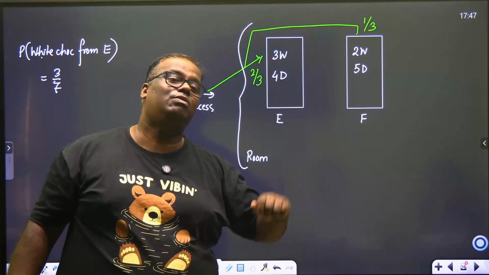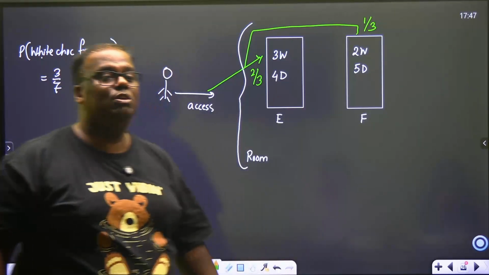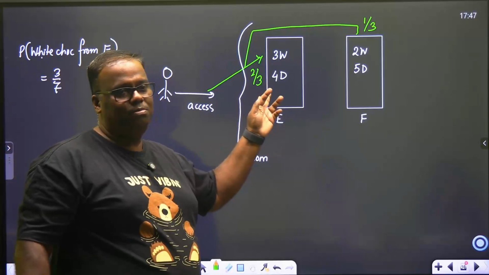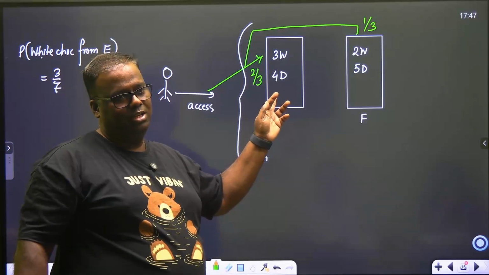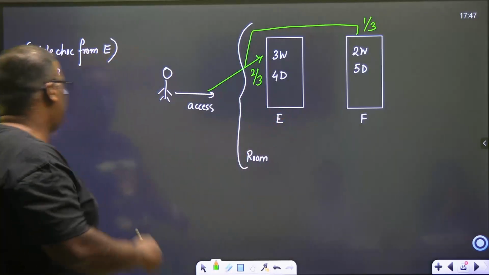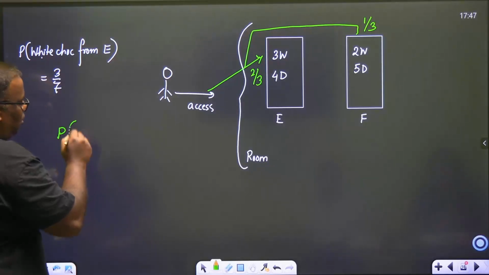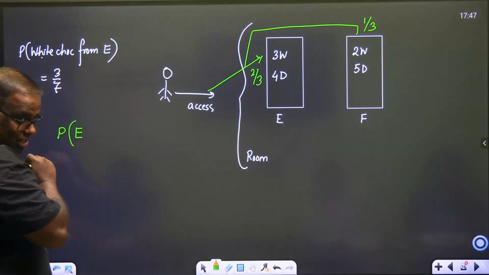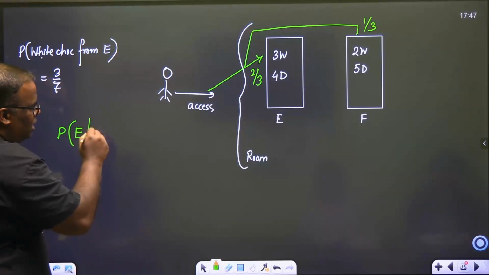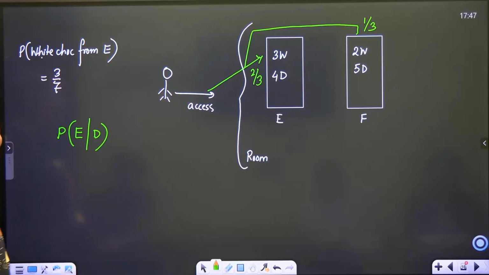Now since you have got the dark chocolate, what is the probability that it came from E? So you're trying to find out the probability of selecting fridge E on the condition that a dark chocolate was obtained. है ना?